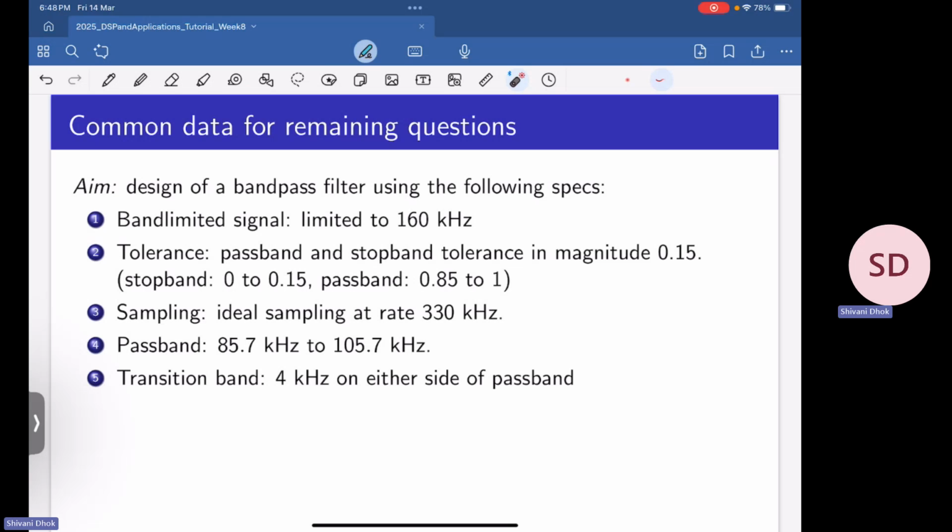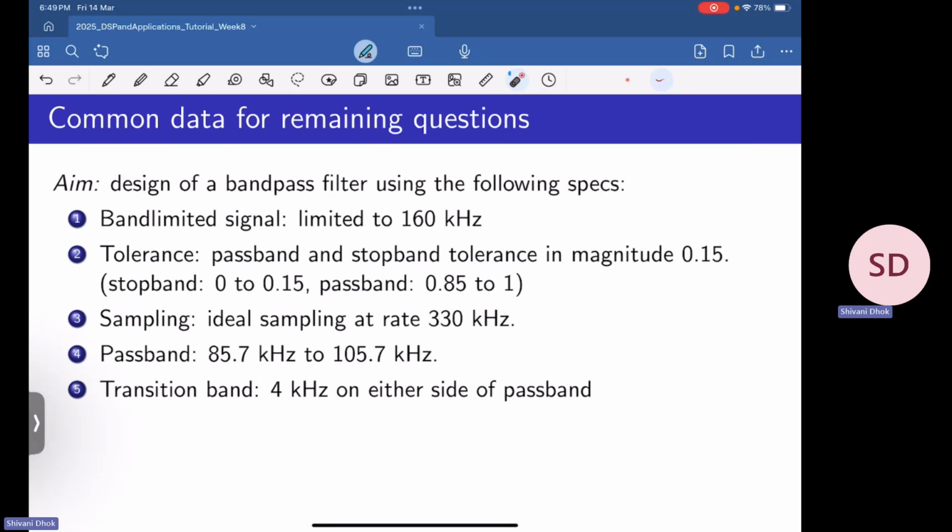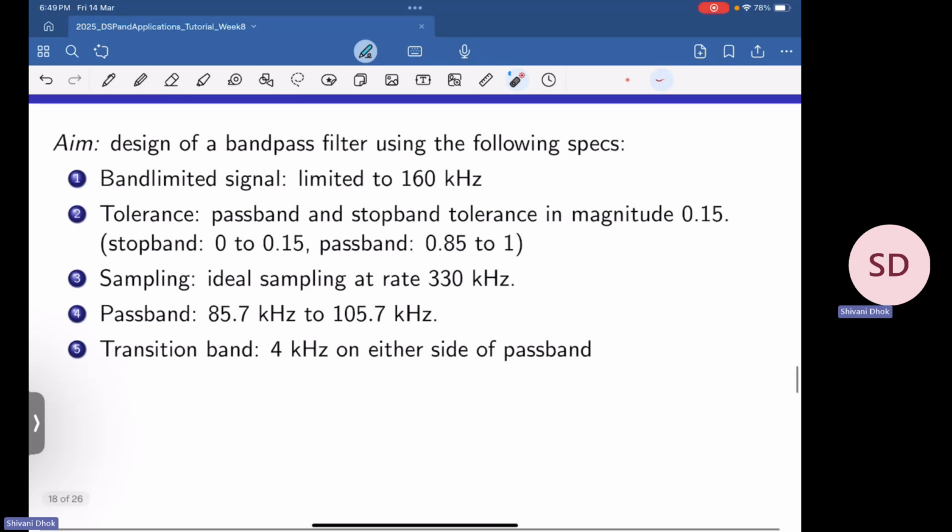For designing that band pass filter, we are given the following specifications. The aim is to design a band pass filter using these specifications. The signal is band limited to 160 kilohertz, which is additional information not useful to design our filter.